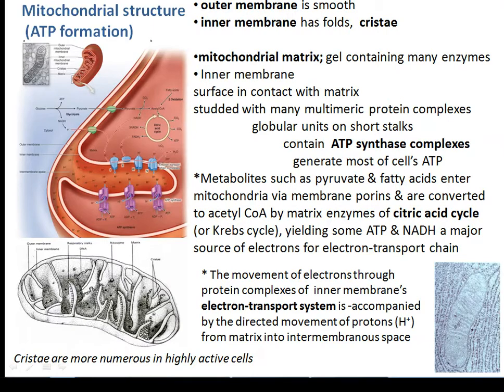In that way, a concentration gradient of protons is created on both sides of the inner mitochondrial membrane. Then, when the hydrogens return to the matrix, they return via just one way, that is the ATP synthase.